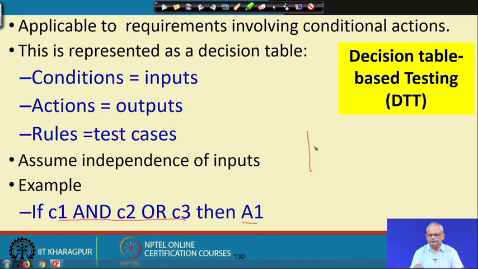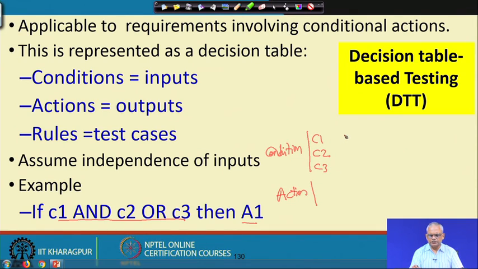We write here the input C1, C2, C3. These we call as the condition, and then we have the action, and we combine all possible values of the condition with the action.